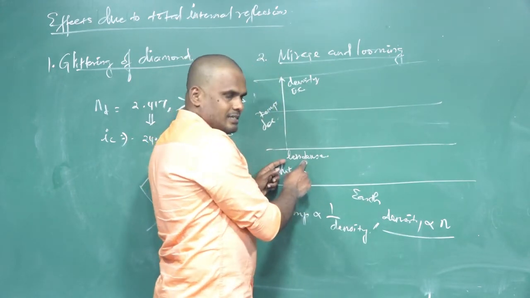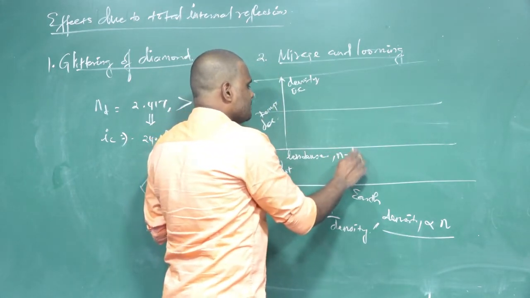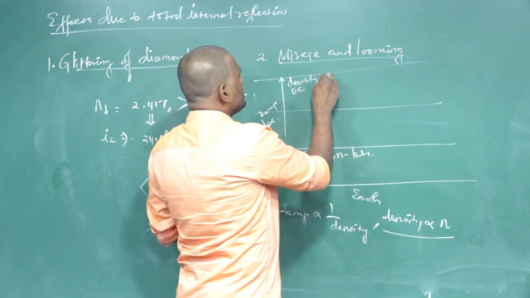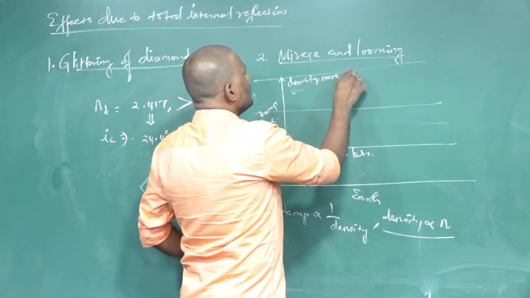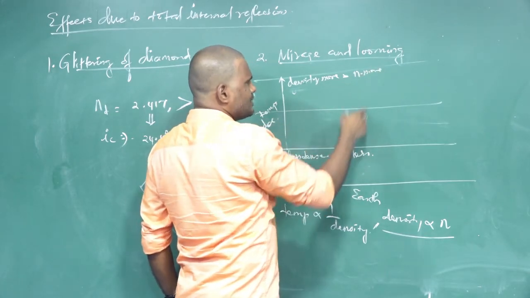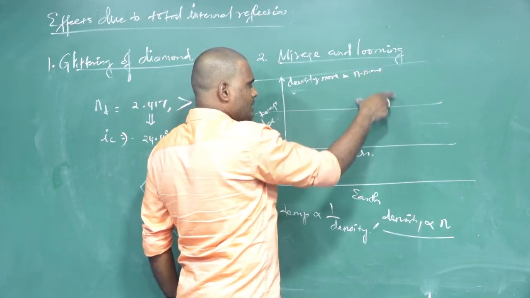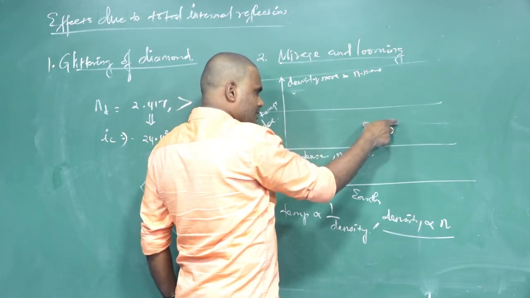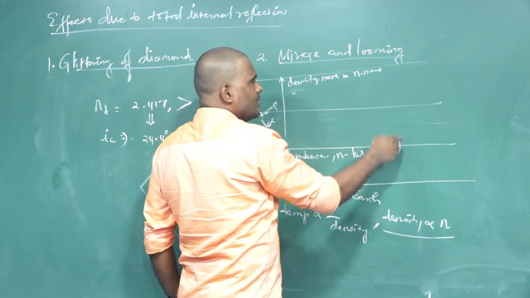Here, air is less dense, so refractive index is less. Here, density is more, so refractive index n is more. So you just look at the case here: more density, more refractive index, then refractive index decreases here, refractive index further decreases here.